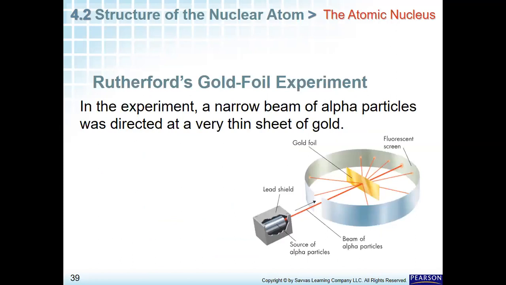In the experiment, a narrow beam of alpha particles was directed at a very thin sheet of gold. If you see here, guys, that will be the beam of alpha going in a straight line.